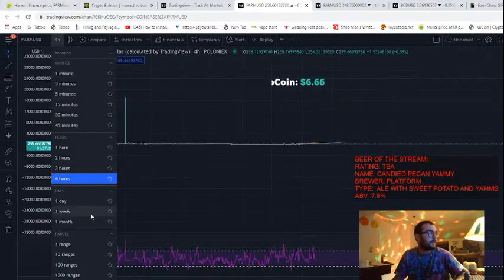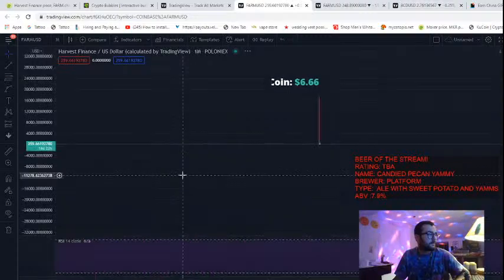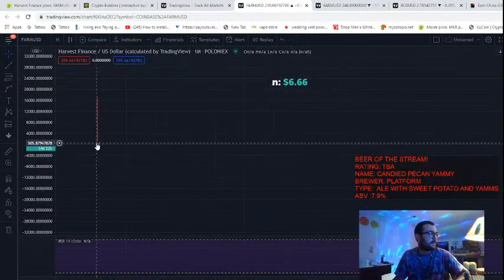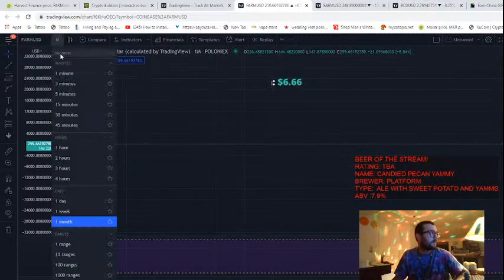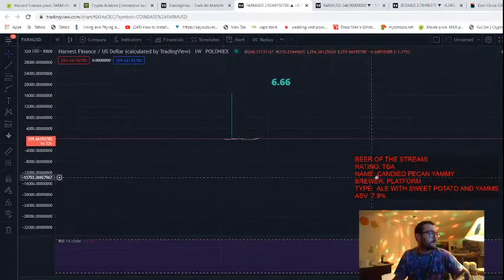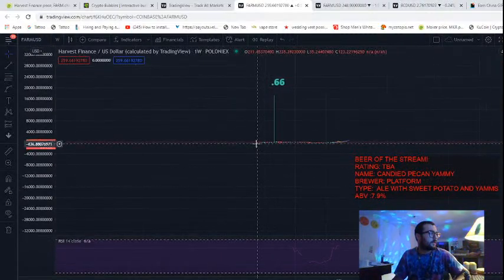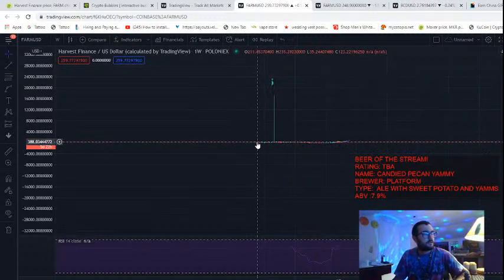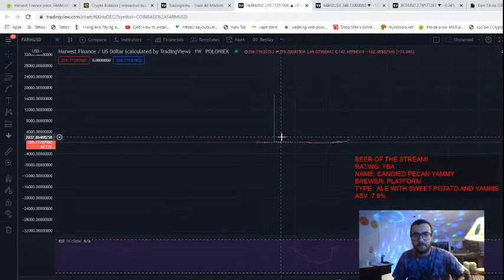We go over here to the monthly, maybe the weekly. Okay, so about December 14th, 2020, this asset was listed on Poloniex.